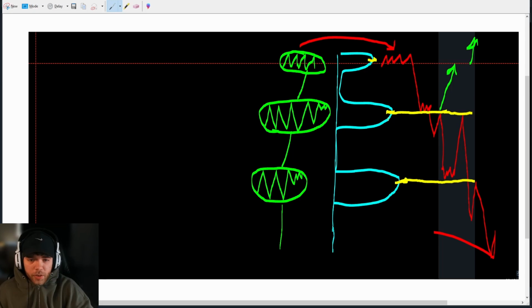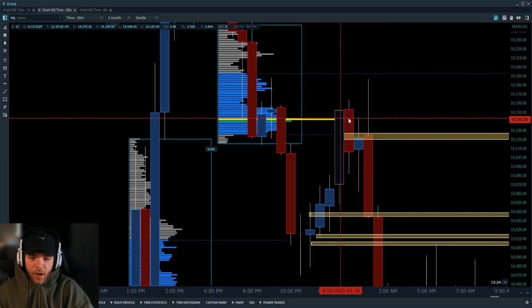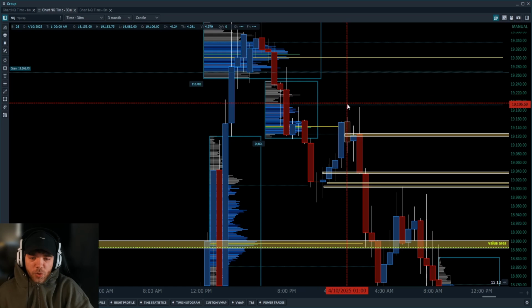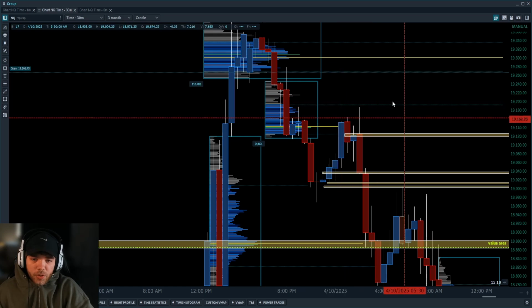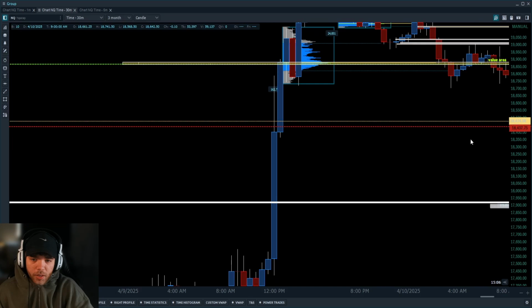So as soon as we lose that second area of liquidity, this point of control, and we test it from the back side and sellers defend it, that is a beautiful, beautiful trade opportunity to the short side, and you will catch the reversal of that trend, because as you can see, we were just trending up.